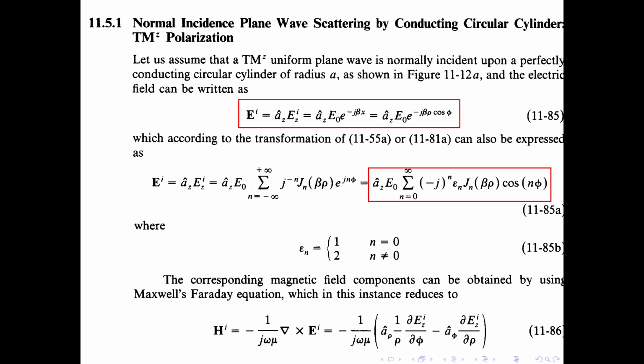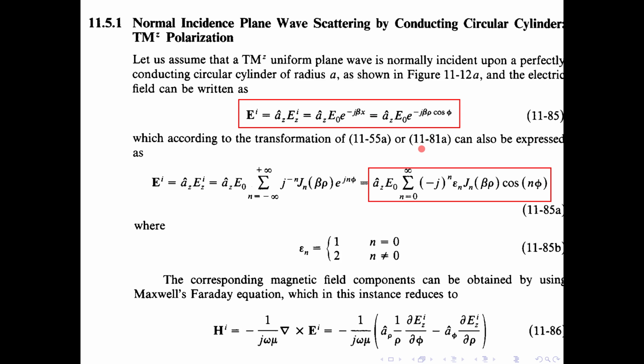So we start as always with the incident field. The incident field is a plane wave traveling along the x direction, so it is perpendicular to the z-axis and constant along z. We will represent the plane wave exponential in polar coordinates, so x becomes rho cosine theta.